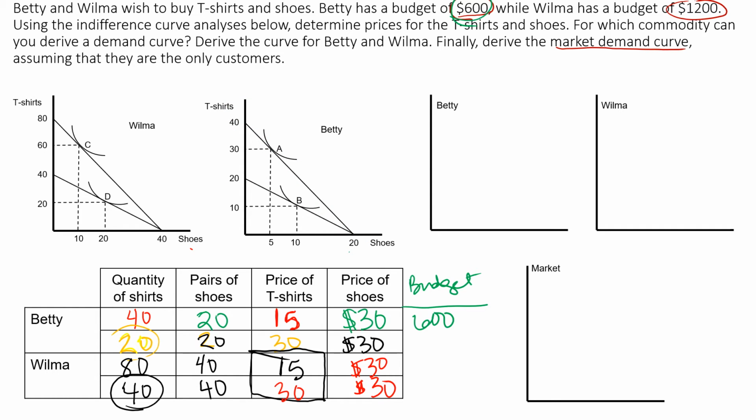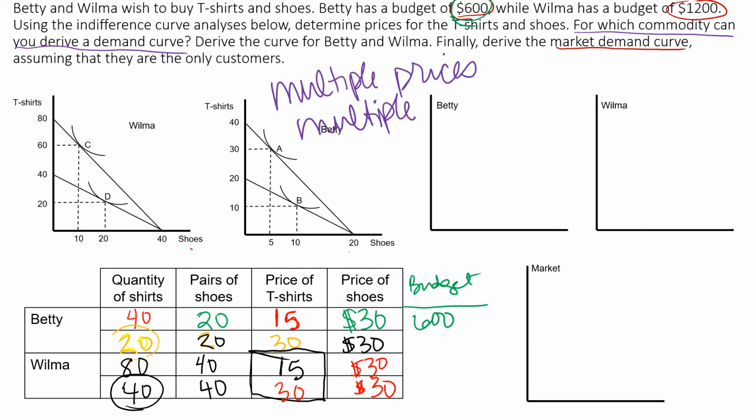So that's great. The next question, for which commodity can you derive a demand curve? Well, in order to derive a demand curve, you need multiple prices and multiple quantities. For the shoes per person, okay, because we got to make the individual demand curves, and then we're going to make the market curve eventually.